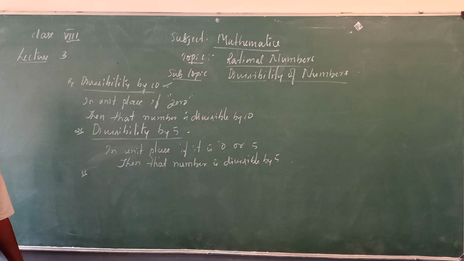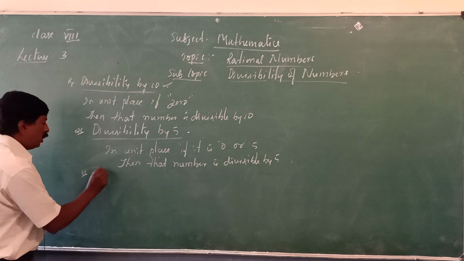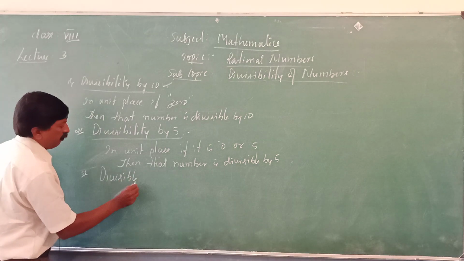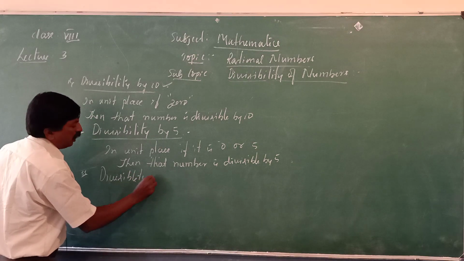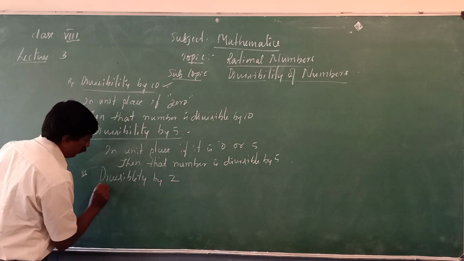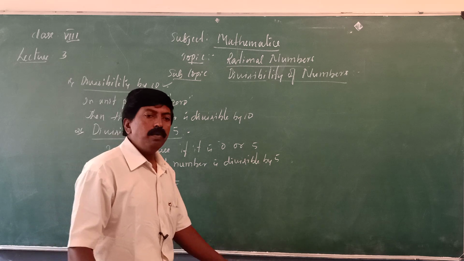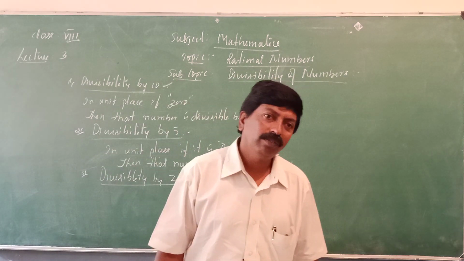And the third divisibility test is divisibility by 2. So which are all the numbers that are divisible by 2? Very easy.